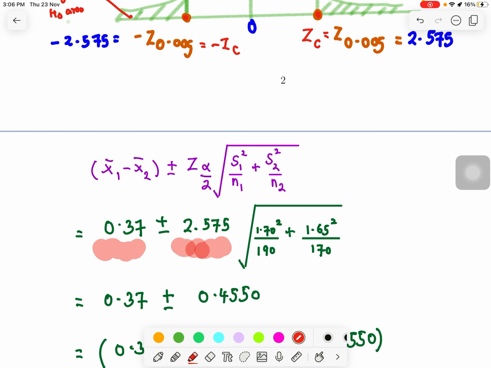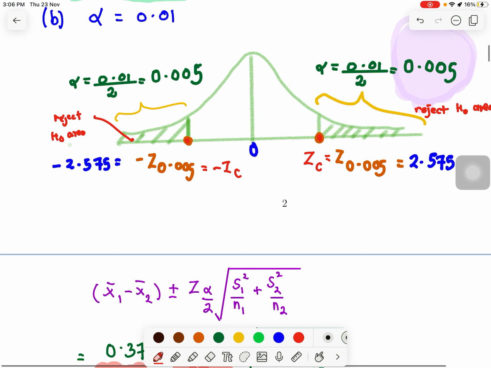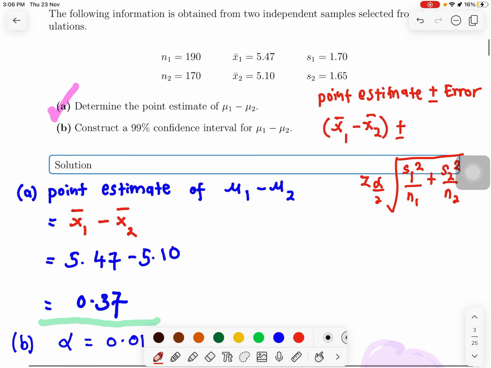You just substitute those values, and yeah, that's the answer for the interval. Alright, so that's the answer. Okay, so we complete example 1. Okay, so we can mark it here.